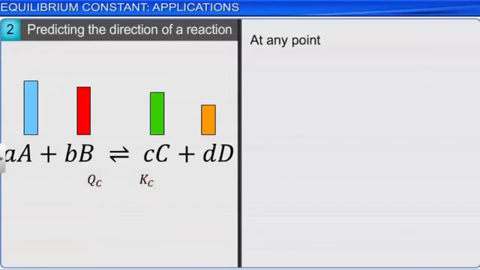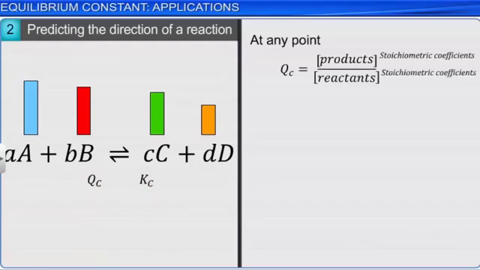At any point in a reversible reaction, the ratio of the concentration of the products raised to their respective stoichiometric coefficients to that of the reactants raised to their respective stoichiometric coefficients is known as the reaction quotient. It is written as Qc for molar concentrations and Qp for partial pressures.